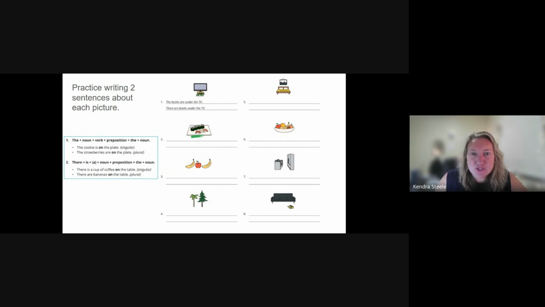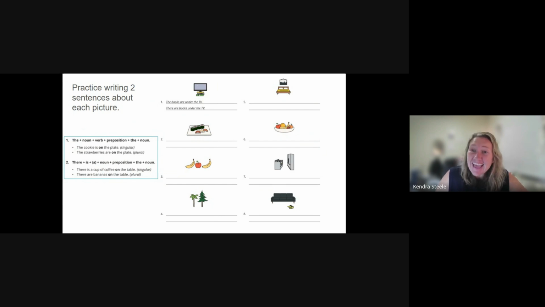Okay, let's look at number 2 together. The food is on the plate. There is food on the plate. Okay, again, using a sentence that starts with the and a sentence that starts with there. The apple is between the bananas.